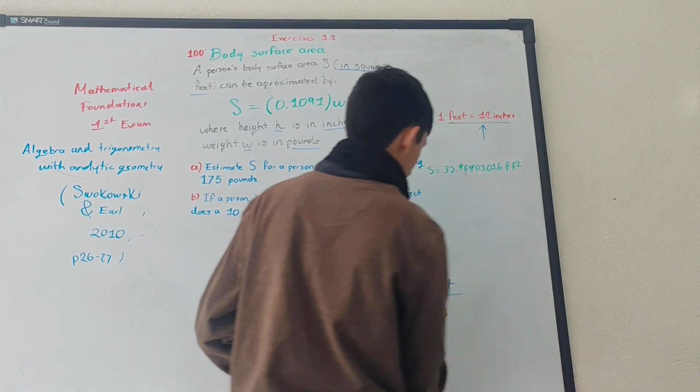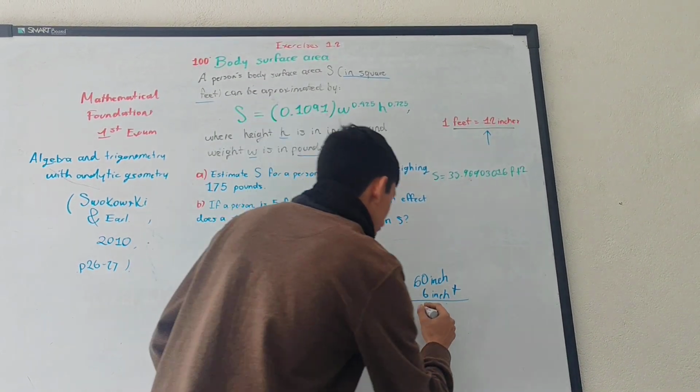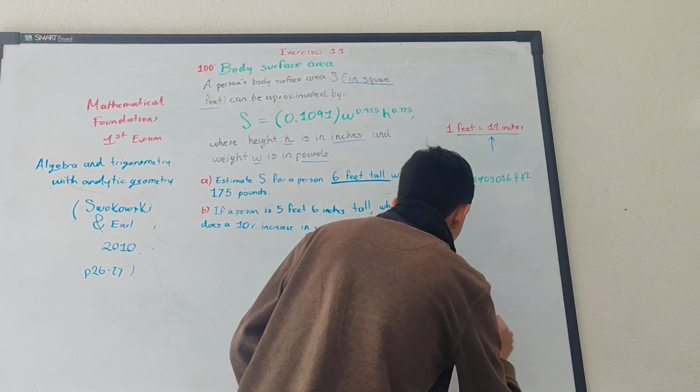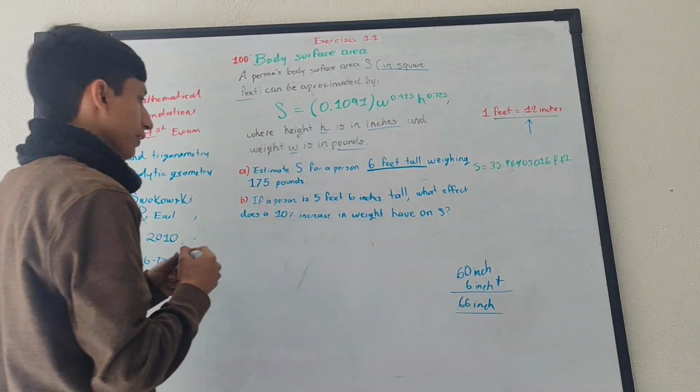So 60 inches plus 6 inches is equal to 66 inches. So that is the height of the person.